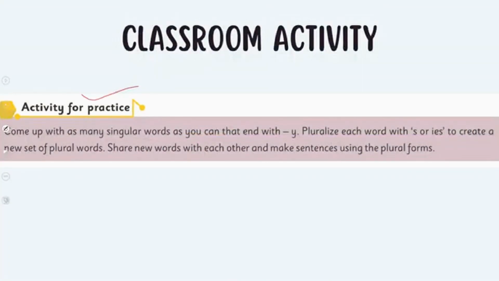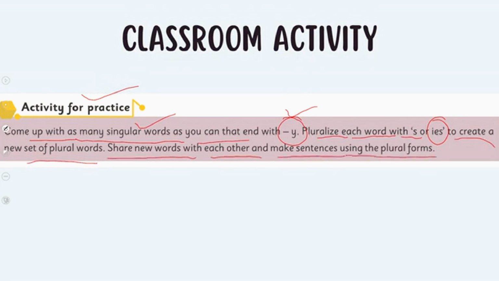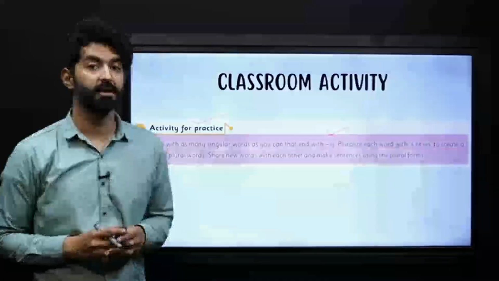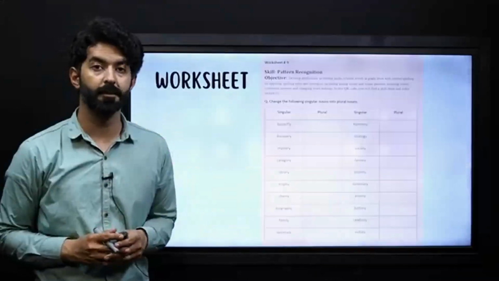We have the question: come up with as many singular words as you can that end with Y. You have to write all the words that come into your mind, singular words that end with Y, and pluralize each word with S or IES to create a new set of plural words. Share new words with each other and make sentences using the plural forms. So it's a very interesting classroom activity. I hope you enjoy doing it.